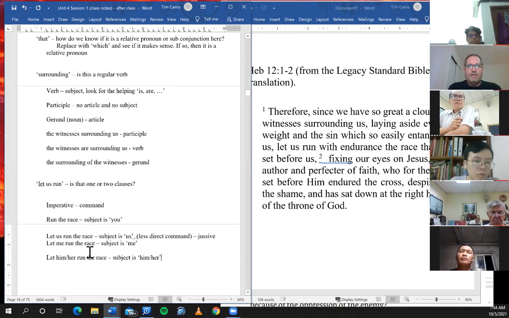That again is a command that's being given, but I'm speaking about someone else. Let that person run the race, but it still has the force of an imperative. Notice again the word let. In English, that's how we express a command in the first or third person.